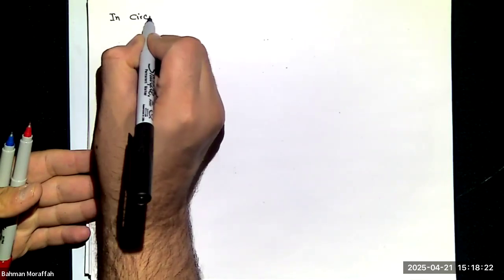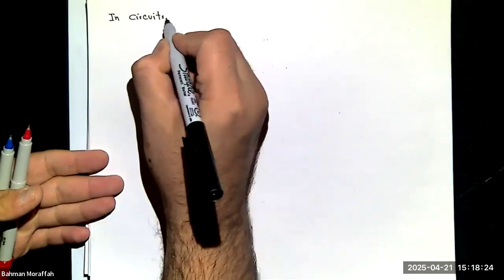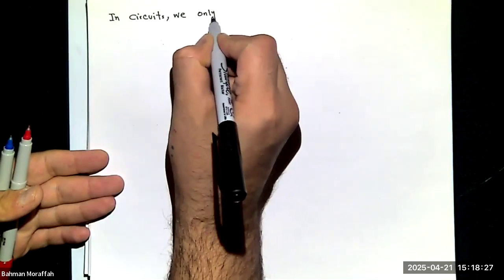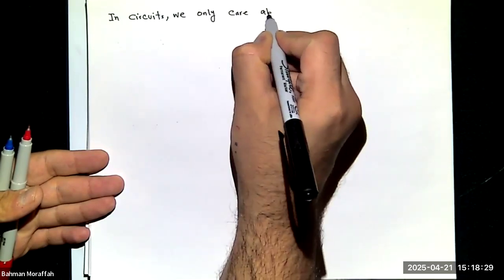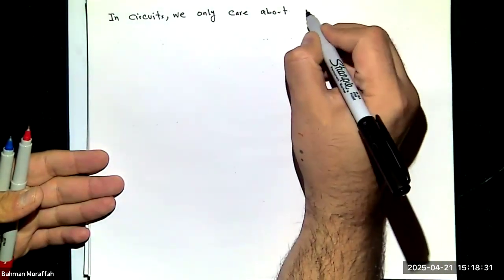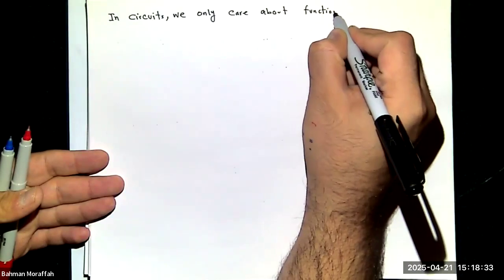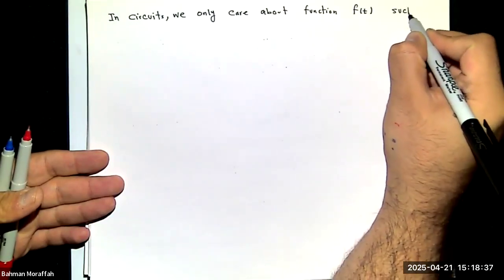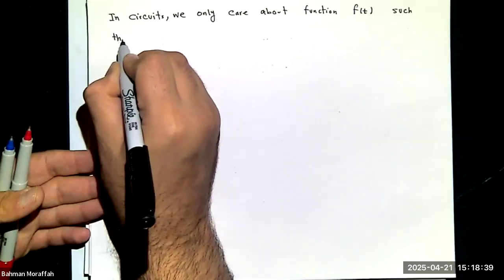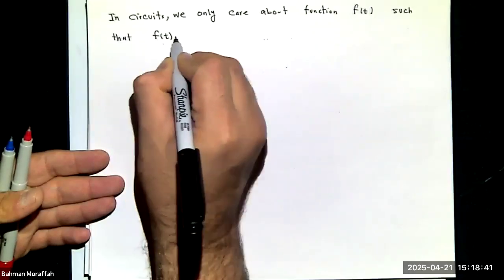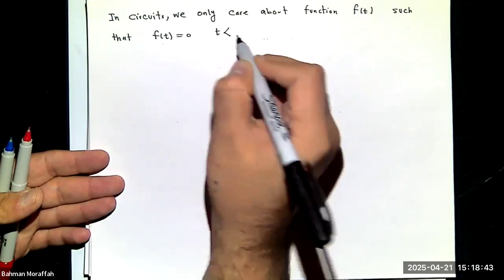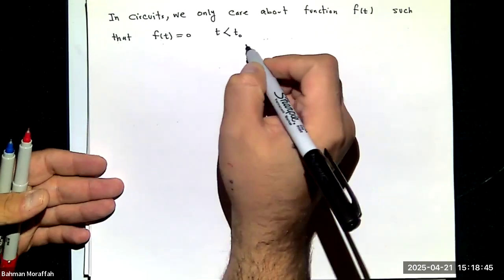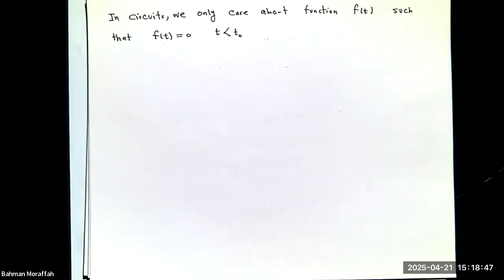So in circuits, we only care about functions, function f of t, such that f of t is 0 for all times less than t naught. Right?